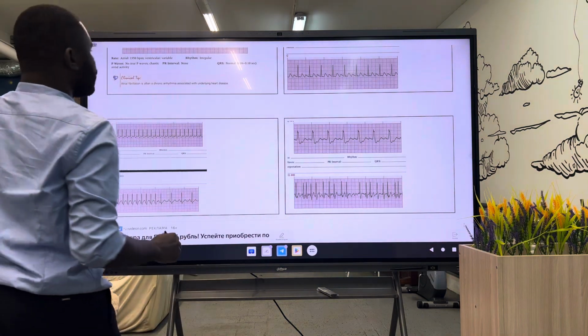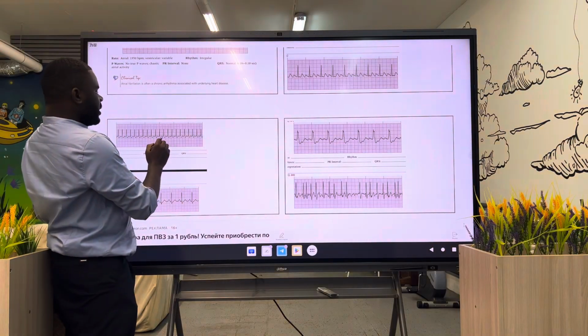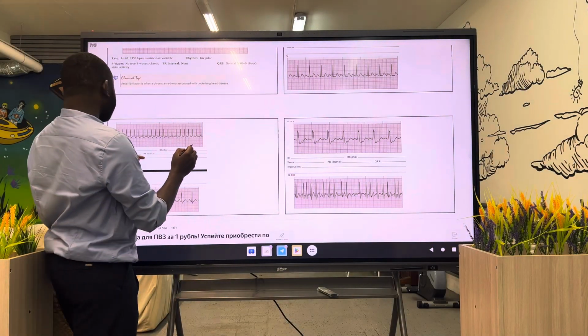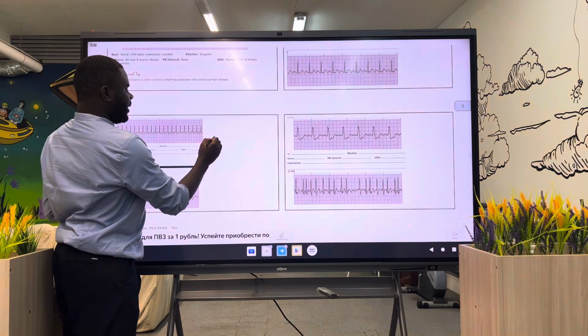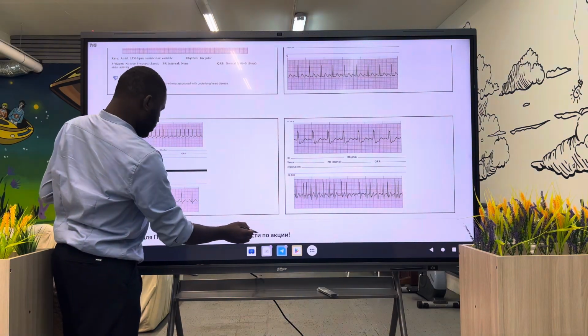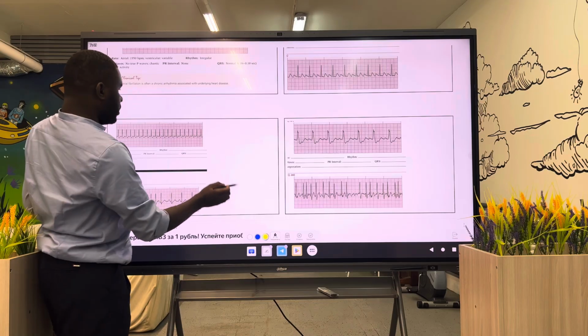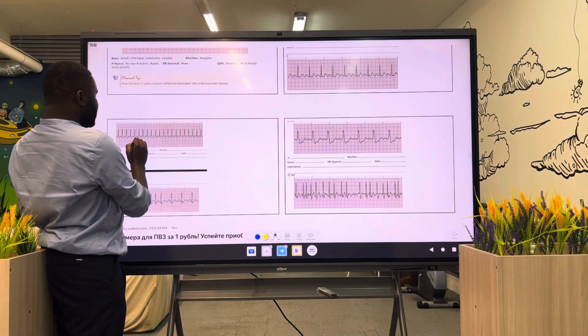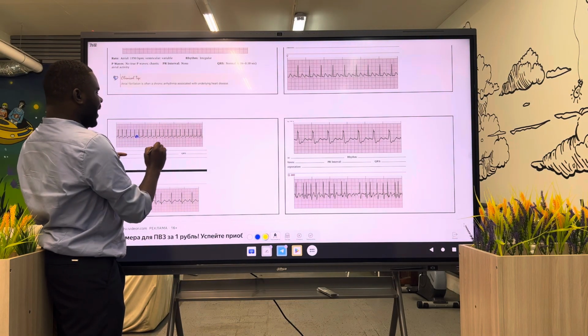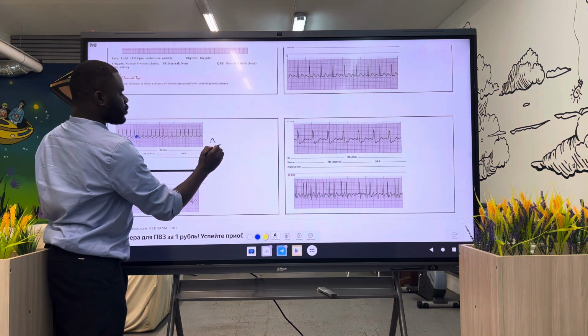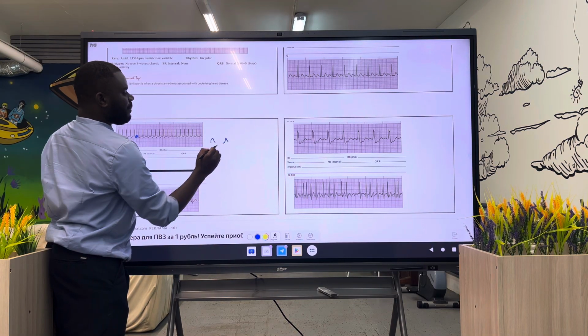So the next thing we need to see is this image here. We can obviously see that there is a shape here. This shape looks like a T wave, and then it also looks like what? This sharp stuff.